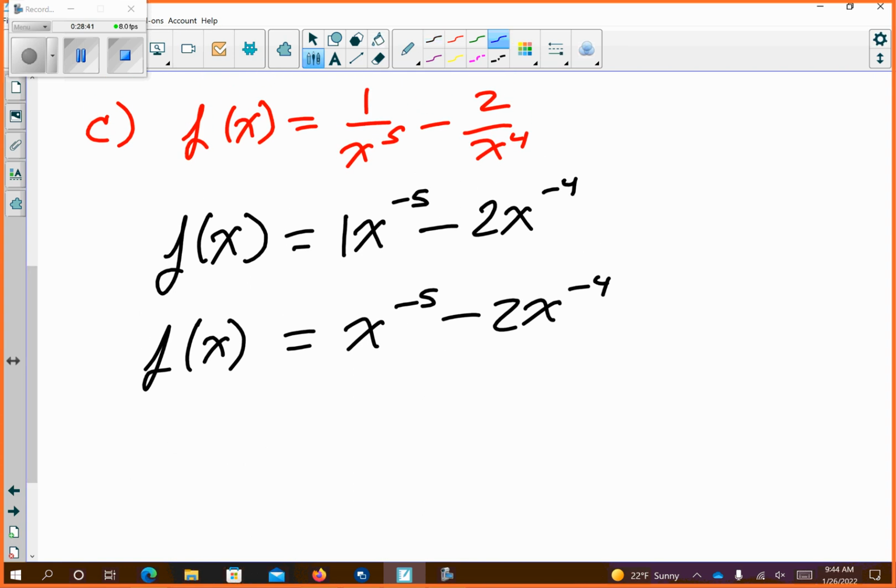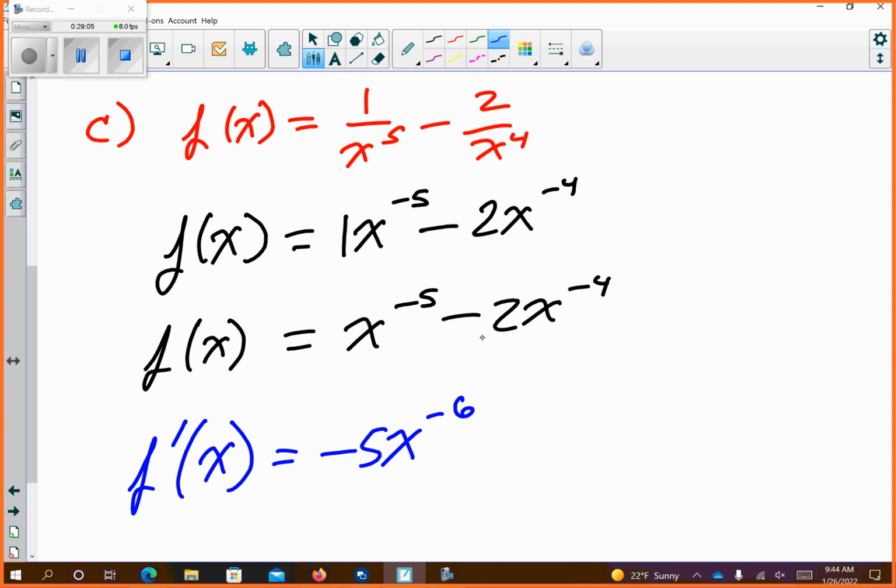All right, I want to take the derivative, f prime of x. So it's going to be -5x. Now we have to be careful. We were subtracting 1 from the exponent. What is -5 minus 1? -6. Good.